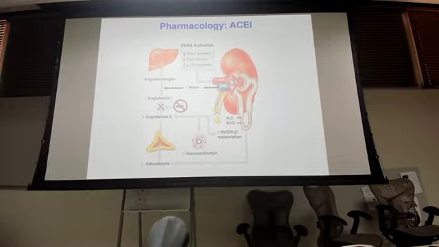Just a pictorial of that same kidney and the RAAS system and normal activation, but then we get ACE blocked by an ACE inhibitor, showing the prevention of angiotensin 1 being converted to angiotensin 2. So everything downriver of angiotensin 2 doesn't happen.